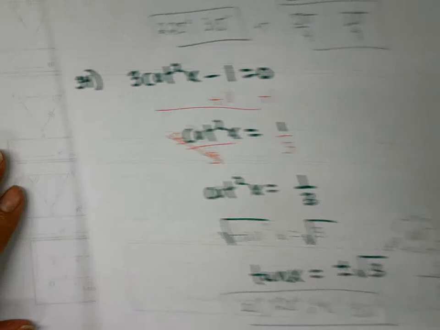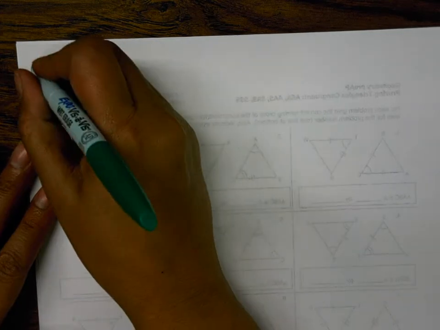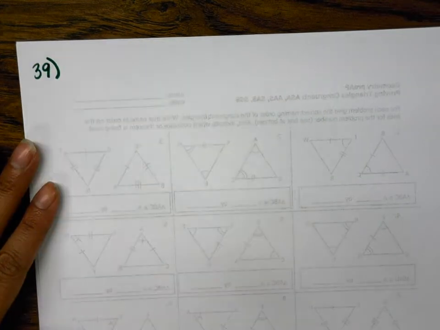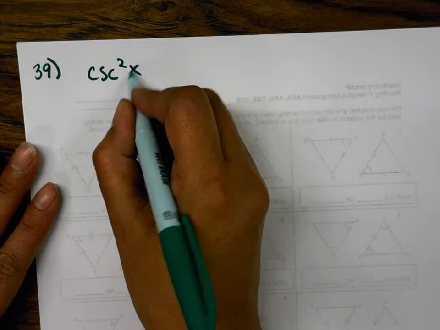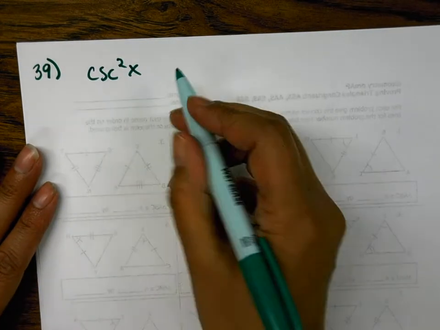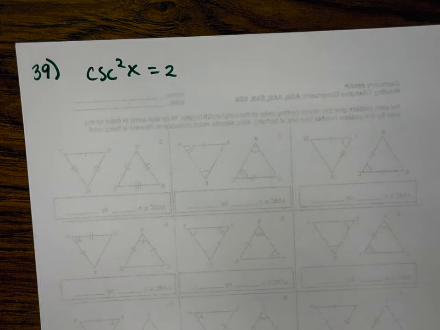All right, the last one I'm going to do is 39. Cosecant squared x equals 2. So again, getting practice with the reciprocaling both sides.